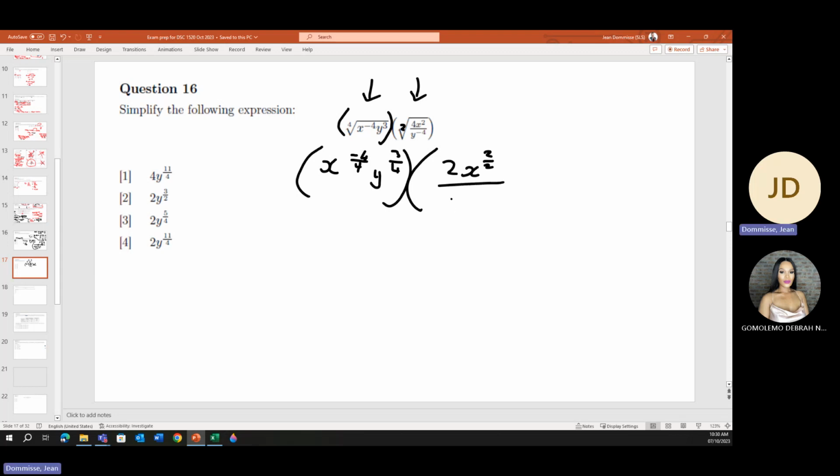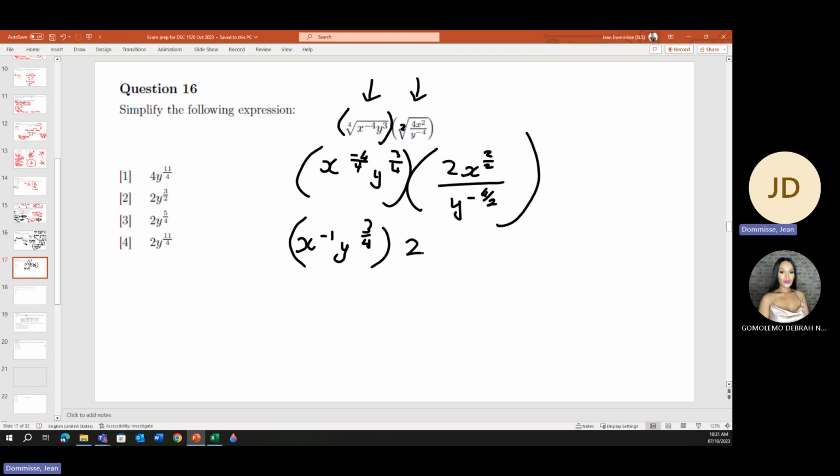Then at the bottom, we've got y, so it will be -4 divided by 2. Okay, so we will make it simpler now. So we've got x^(-4/4) is x^(-1). We keep y^(3/4). You can see in my answer set, it will be over 4.